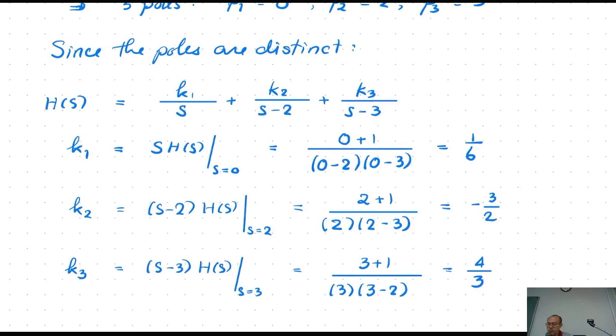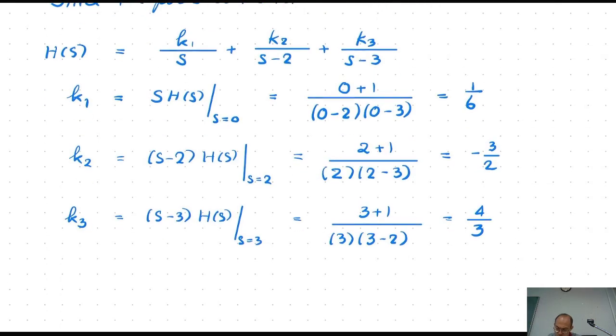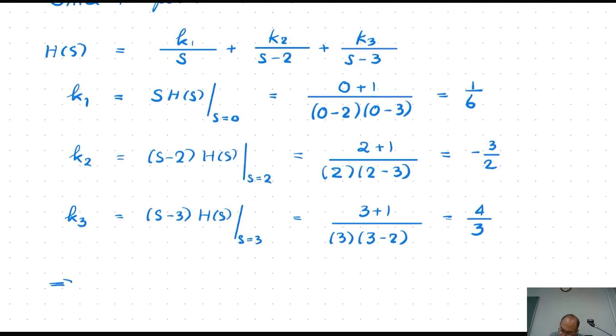Now, once we know K1, K2, and K3, we can plug them back into H(S). So we have the partial fraction decomposition already, which is H(S) equal to 1/6 over S minus 3/2 over S minus 2 plus 4/3 over S minus 3.